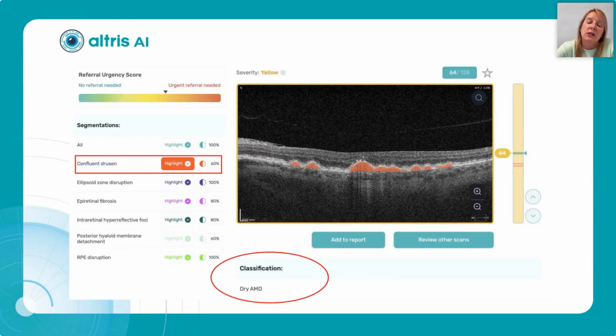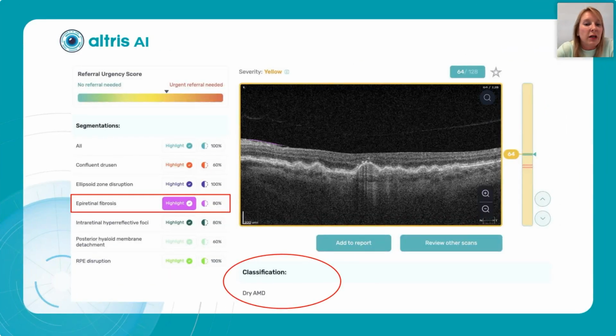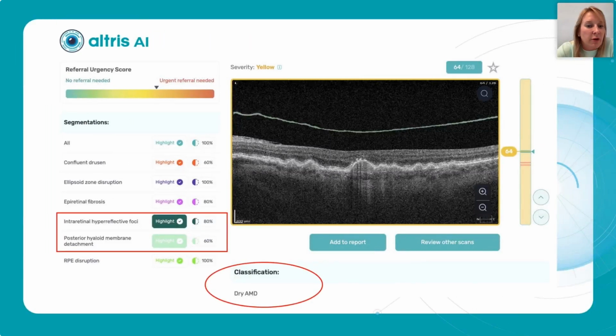So now let's explore the biomarkers one by one. We can see how confluent drusen look on the same scan 64. You can see the orange here. We can see the ellipsoid zone disruption here, the violet one. The next one is epiretinal fibrosis, which we can also see on the left side. Then the next biomarker is intraretinal hyperreflective foci.